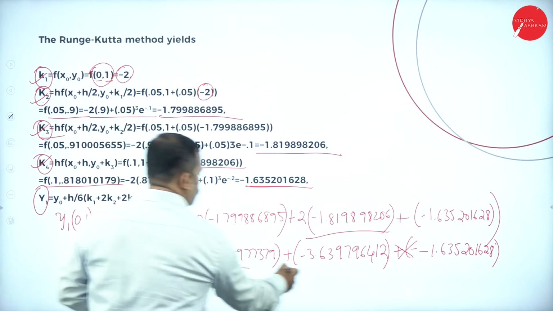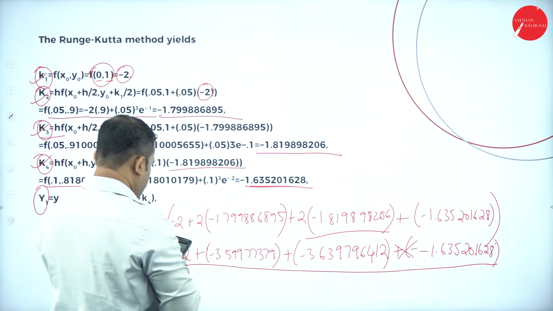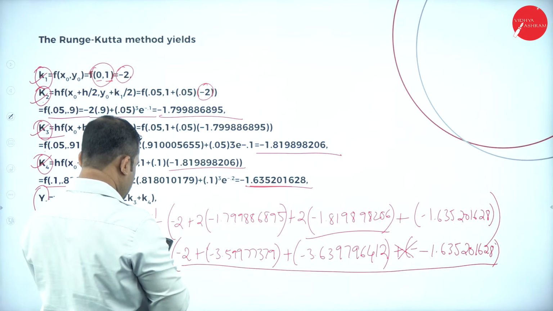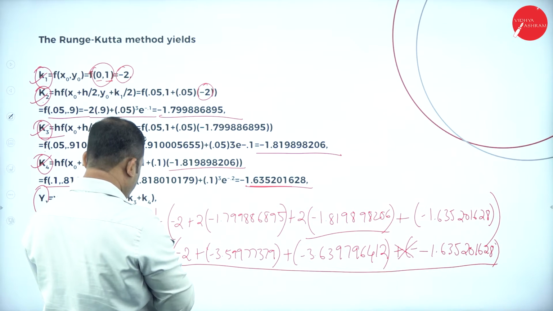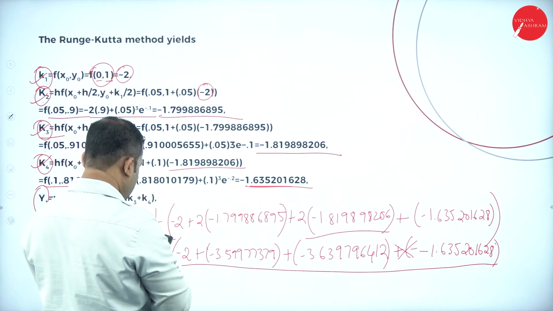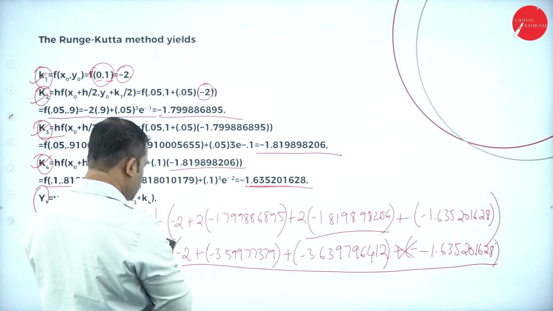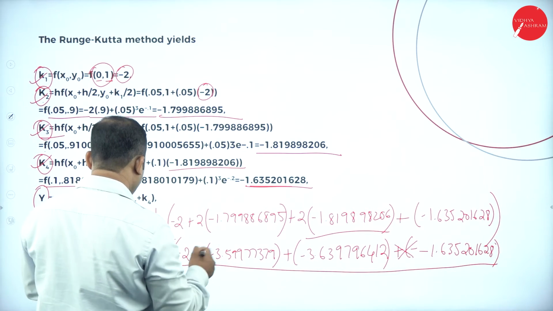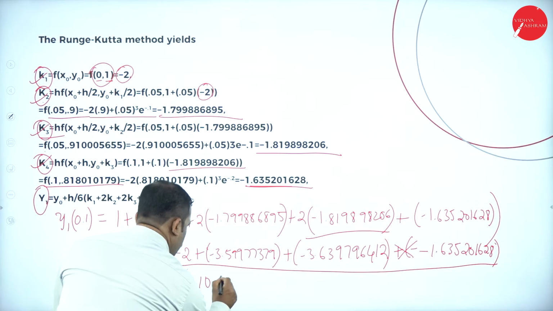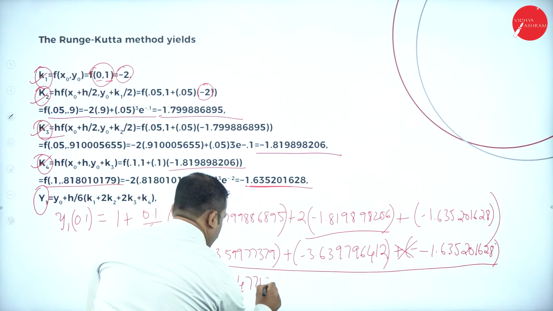Let me simplify the whole term now: minus 2 minus 3.59977379 minus 3.6397964112 minus 1.63520168, which is equal to minus 10.874777183.